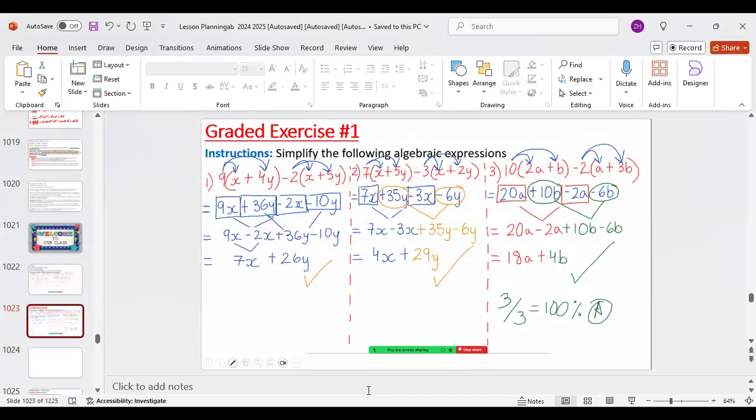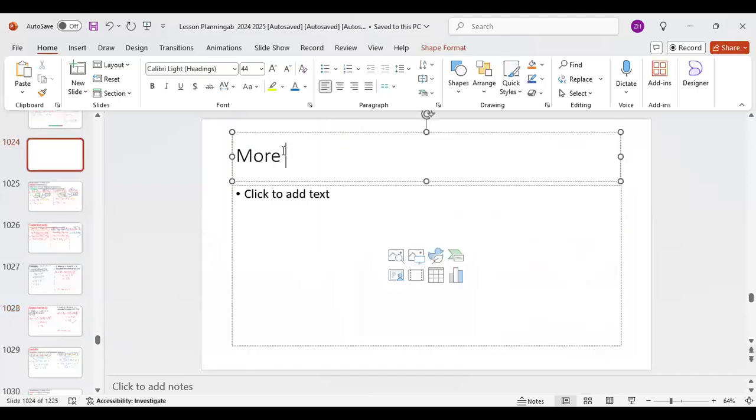So I know some people say they need more examples, so let's do another one. If you think you already know how to do it, I need you to go ahead and write the answer inside the chat. Still do it in your book, but also write the answer in the chat.